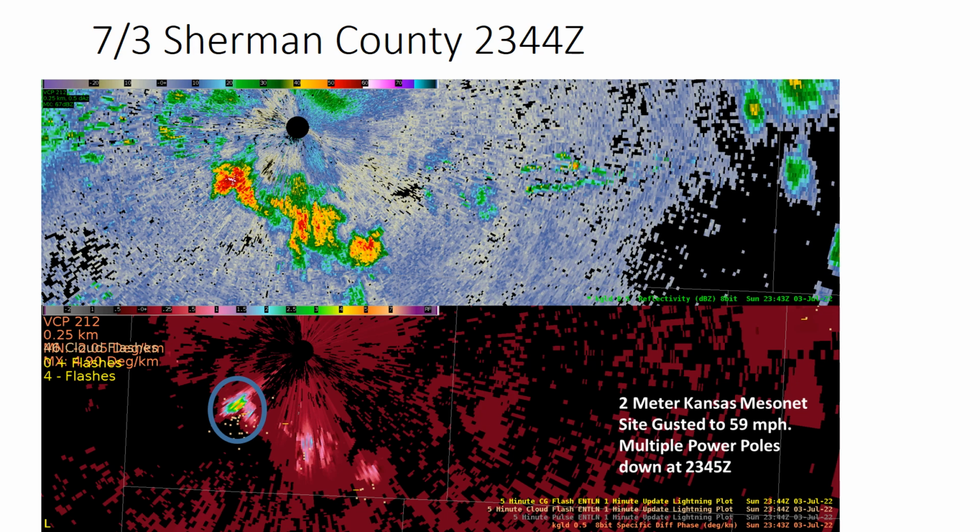And then there was a 59 mile per hour, 2 meter wind gust reported by the Kansas Mesonet site, which is directly in the heart of that KDP core. And we got reports of multiple power poles down at 2345Z, which is roughly a minute after this radar image.